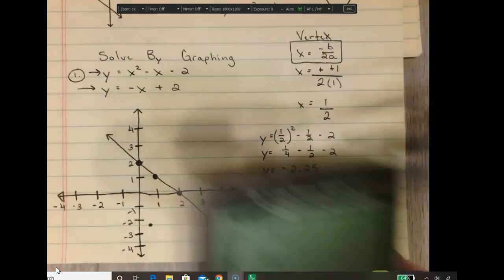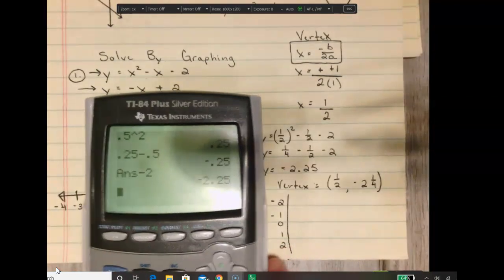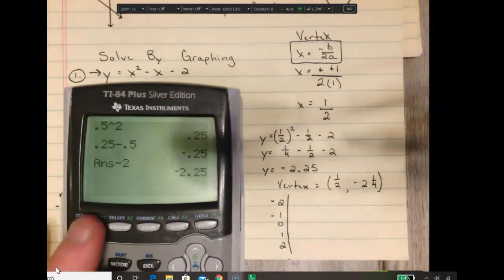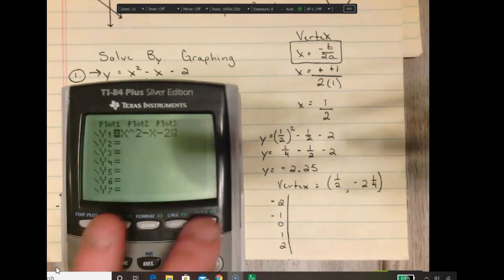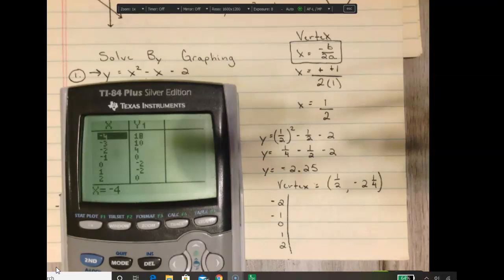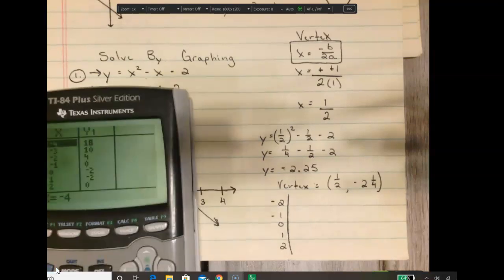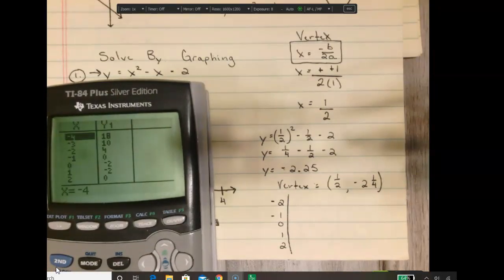And remember, we have that tool in our calculator that we can go through and show it. So if we go up here to y equals, and then we type that in, so I have x squared minus x minus 2. I go to second graph, there's going to be my table. So I have some ordered pairs right there.